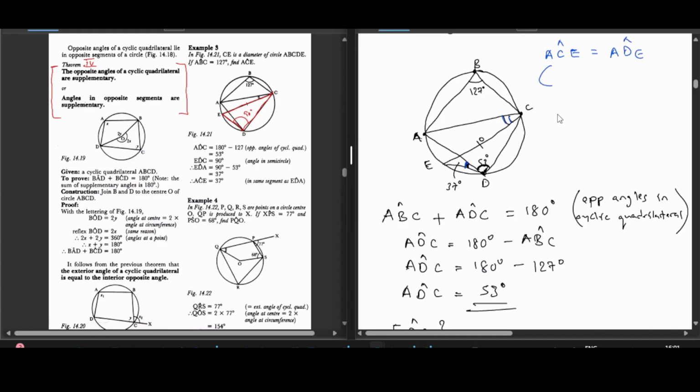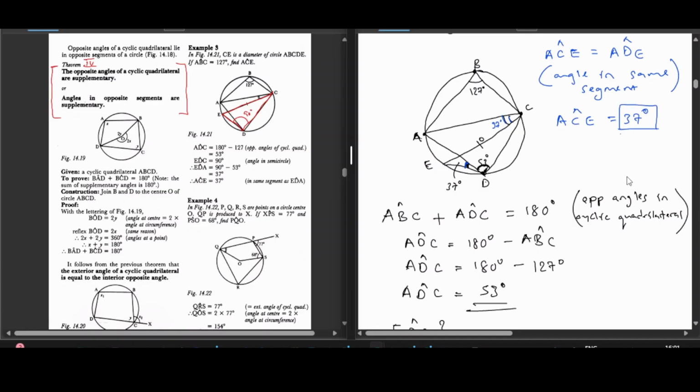And what is the reason? Angles in the same segment. Then if you look at the reason given by our book, it says angles in the same segment as EDA, but you can just say angles in the same segment. This means that if this small angle is 37, then this one is also 37. So the angle we are looking for, ACE, is equal to 37 degrees.